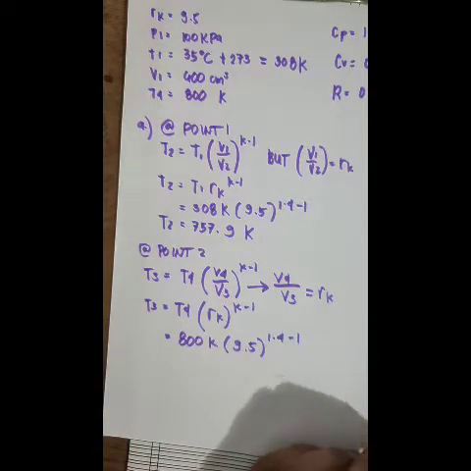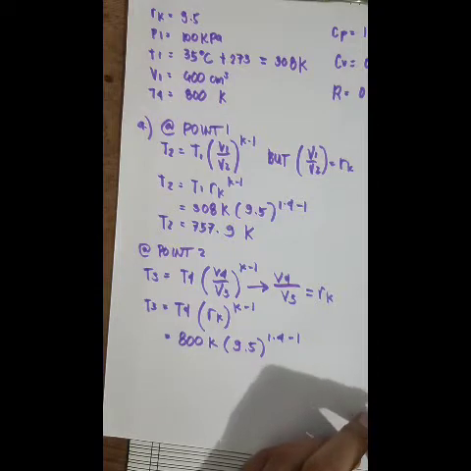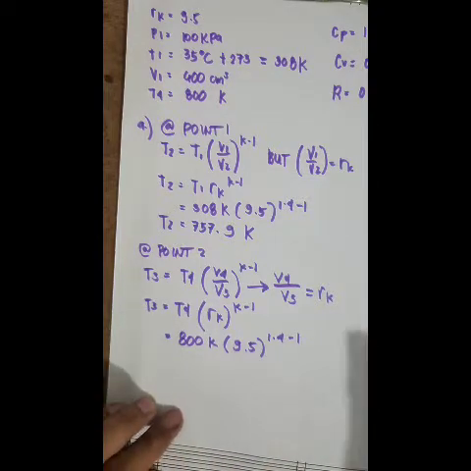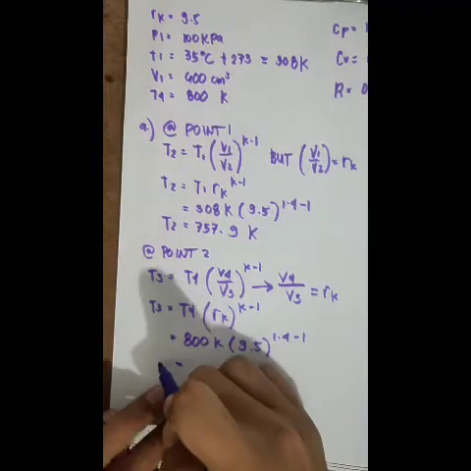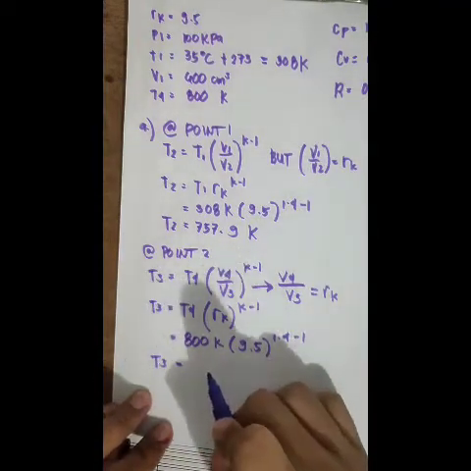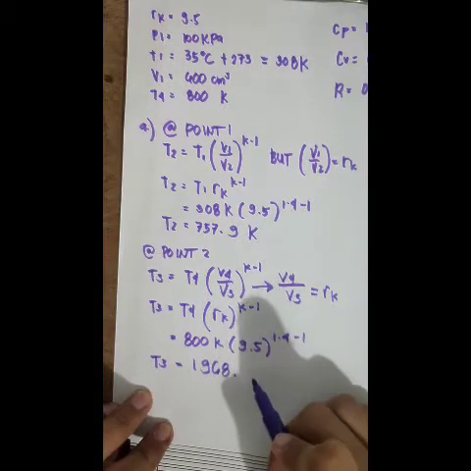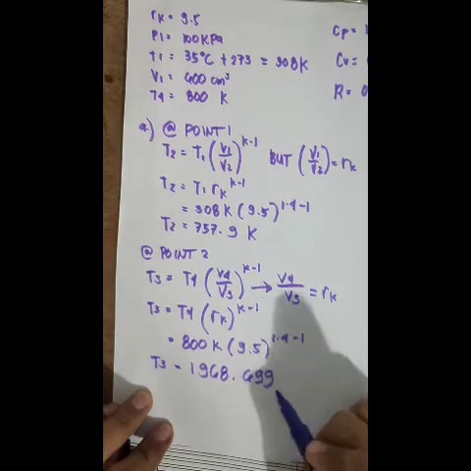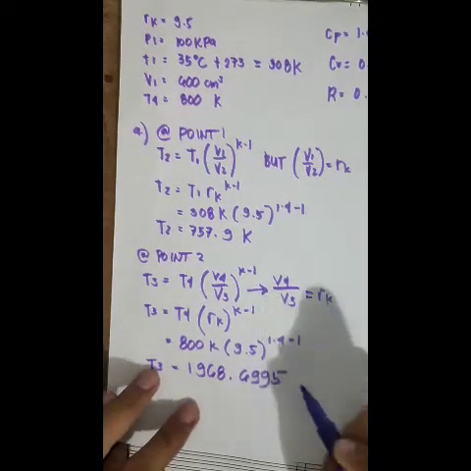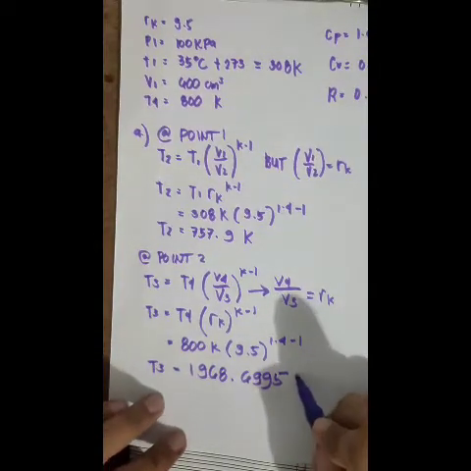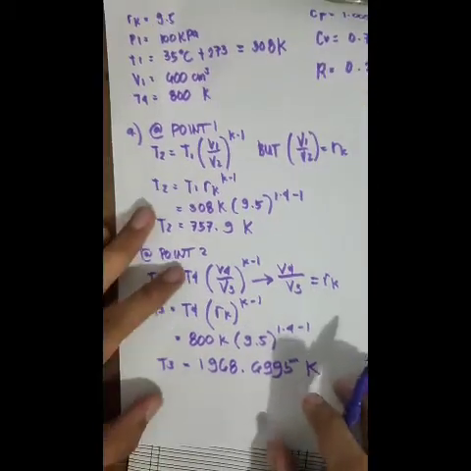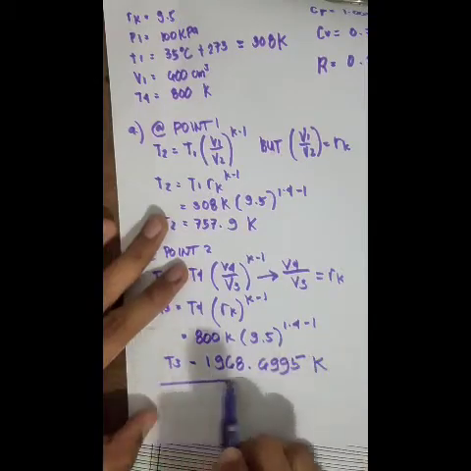So 800 times 9.5 raised to 1.4 minus 1 is equal to, so T3 is equal to 1968.60995. So this is the highest temperature in the cycle.